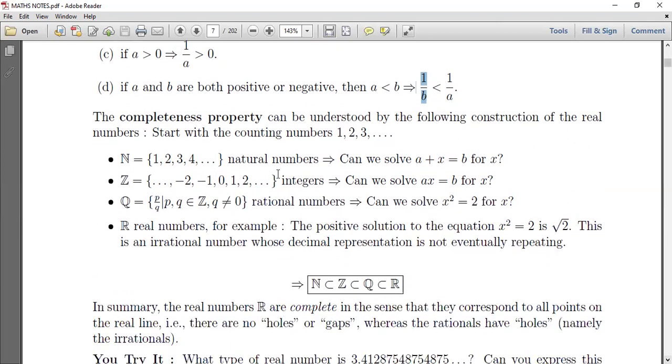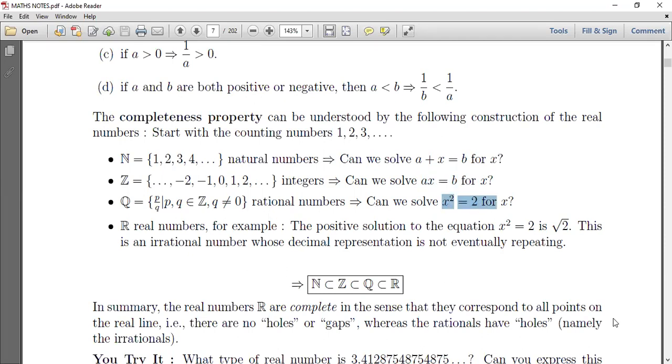Then the completeness property. So natural numbers can solve equations like this one. We are able to find a precise x to solve such an equation. Then integers also help us to solve such an equation for x. Then rational numbers help us to solve equations like x squared is equal to 2.